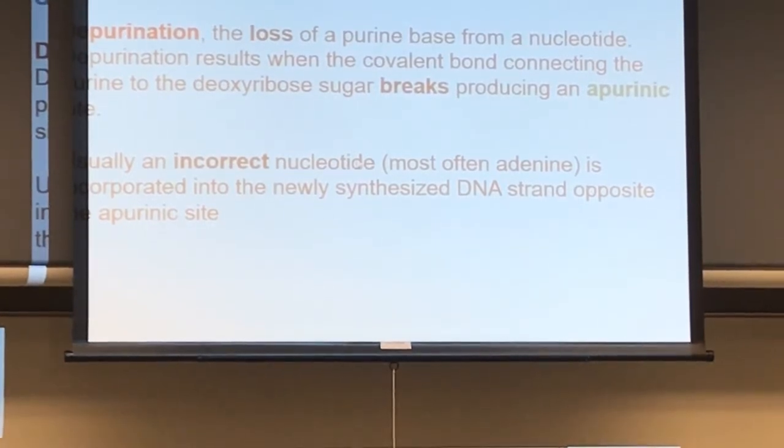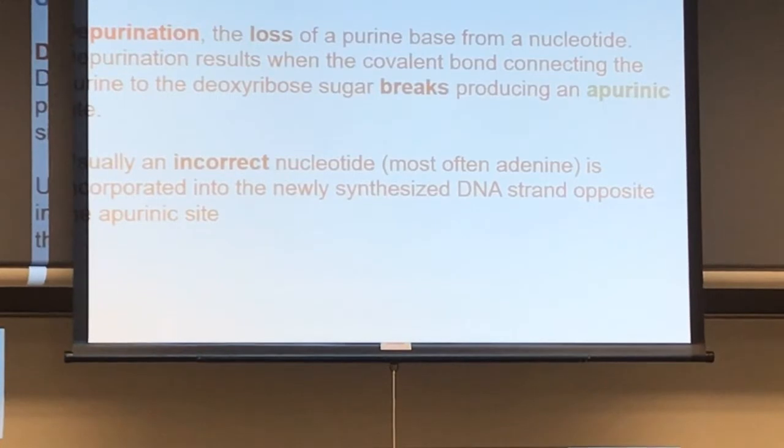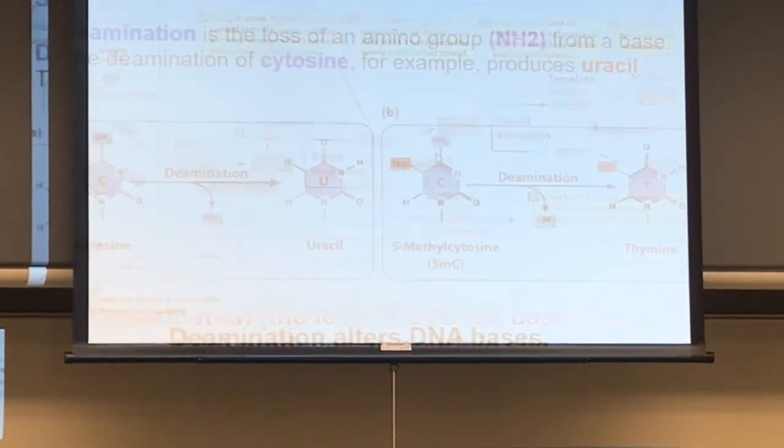Usually an incorrect nucleotide, most often an adenine, is added. Why is adenine added if guanine is lost? It is not really known, but I think it's related to a defect in the enzyme. The enzyme sometimes cannot replace the right nucleotides.